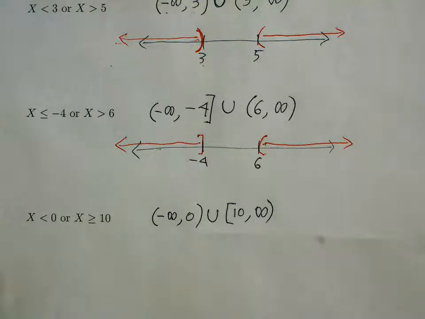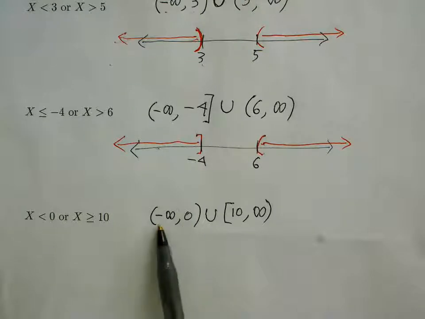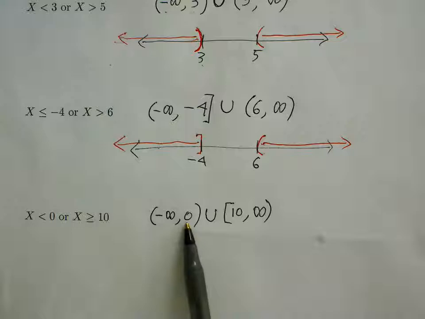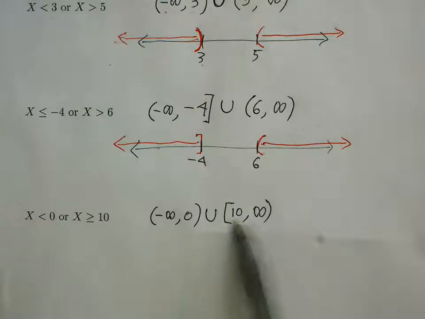I've mentioned this a couple of times, but I'll just remind you, when we're writing the interval notation, for a single set of numbers, we want the smaller number to the left and the larger number to the right. So negative infinity is to the left of 0. Over here on the right, from 10 to infinity, 10 is to the left of infinity. So with interval notation, it has to be written a certain way.